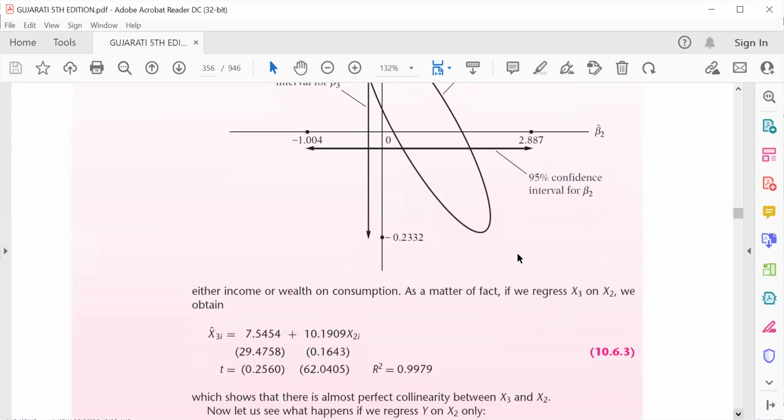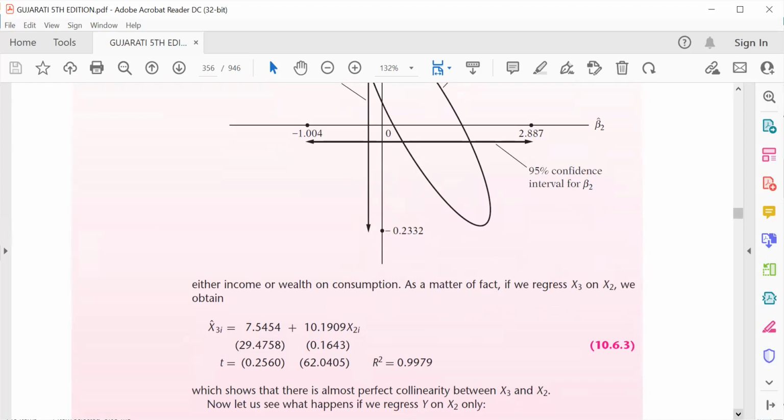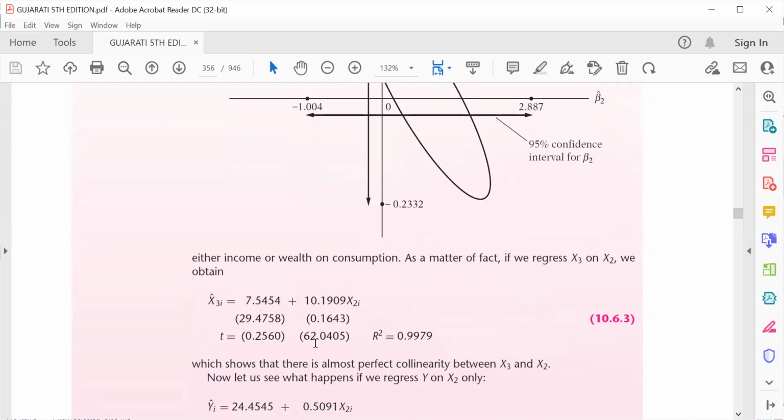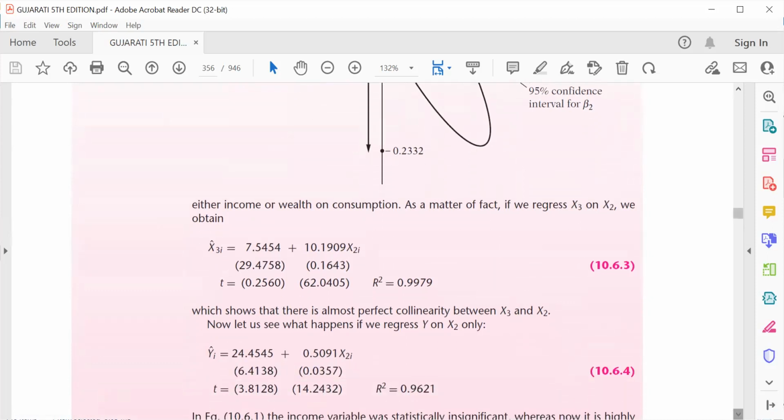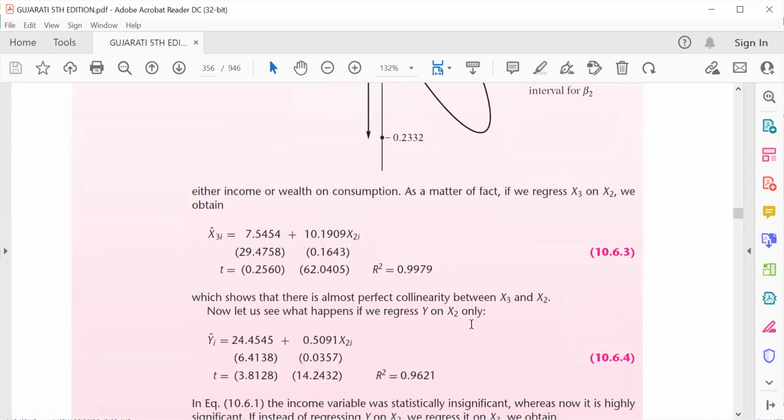This is the confidence interval here. And we regress x here. This shows that there is almost perfect multicollinearity between x2 and x3. Suppose we drop one variable and have only income for the consumption function.